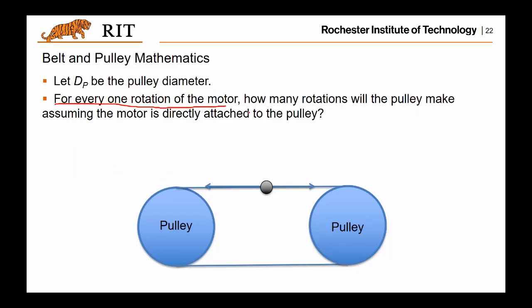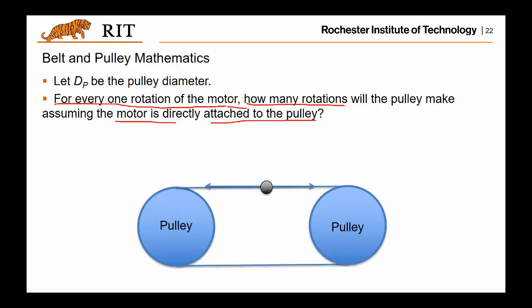So for one rotation of the motor, if we want to figure out how many rotations the pulley will make if the motor is directly attached to the pulley, that is because you are assuming there's no gear system there.